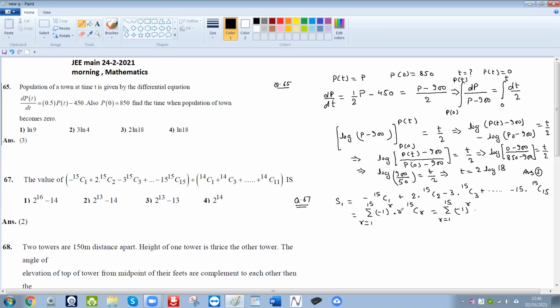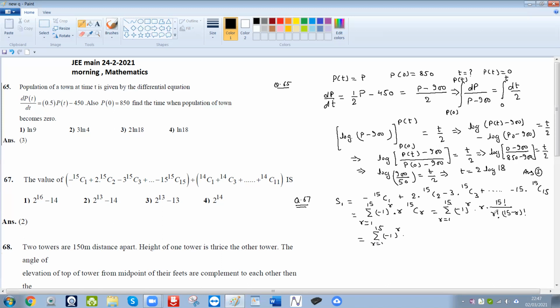We can adjust this r in this combinatorial coefficient. So for sake of clarity, I am writing the expanded form 15 factorial upon r factorial into 15 minus r factorial. This then becomes minus 1 raised to the power r.